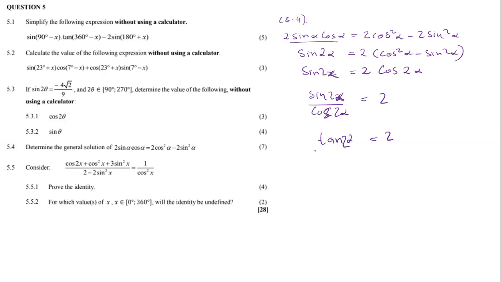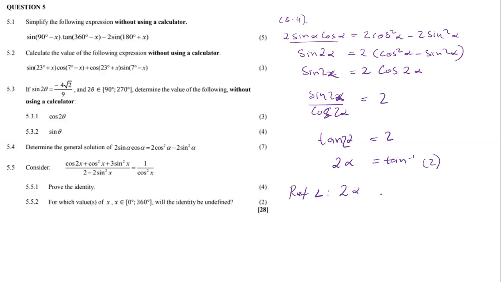Now we have only one trig function. That was the aim. We wanted to make sure that in this equation we end up with only one trigonometric ratio, right? And from here, we can determine our reference angle. We're going to have 2 alpha is equals to tan inverse of 2. Therefore, our reference angle in this case will be what? Don't divide by 2 as yet.